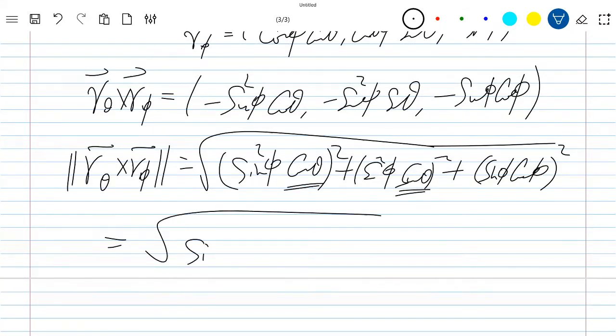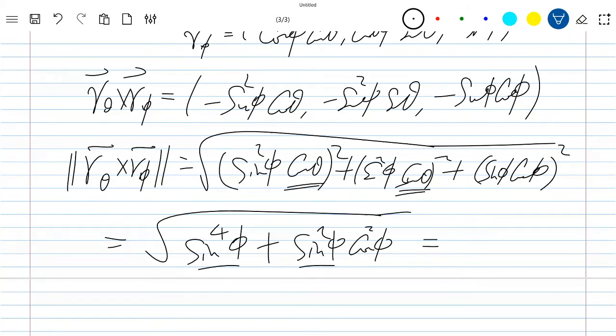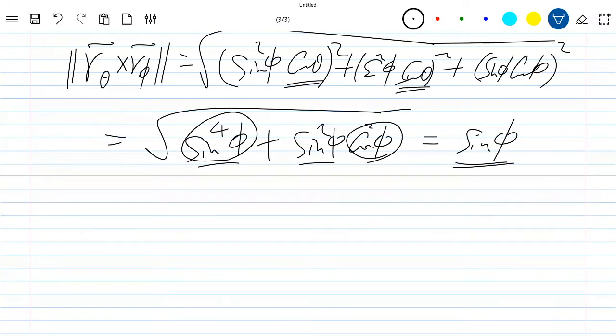So you still have sine squared, and squared again gets to the 4th, and then you have sine squared cosine squared, right? So you can factor out the sine squared and take out sine phi, and inside you get sine squared plus cosine squared, which is 1. Take a square root, still 1. Okay, that's what you get. Not bad.